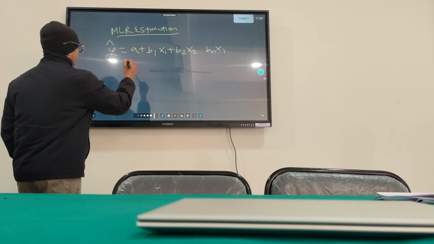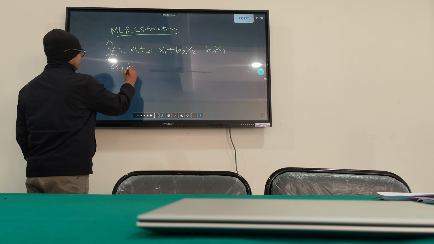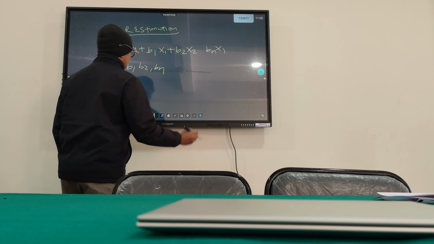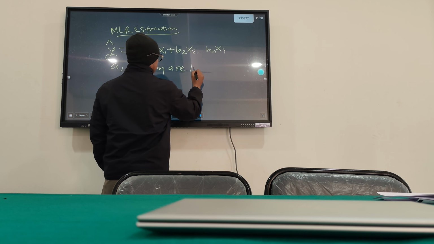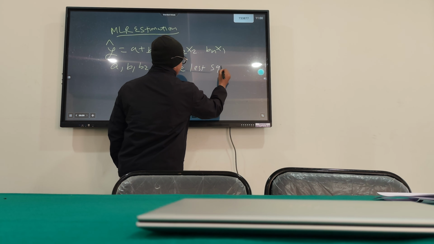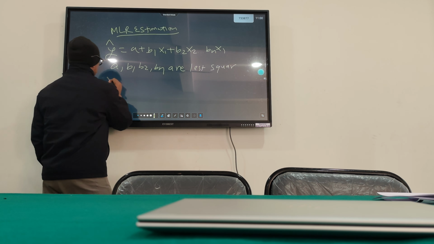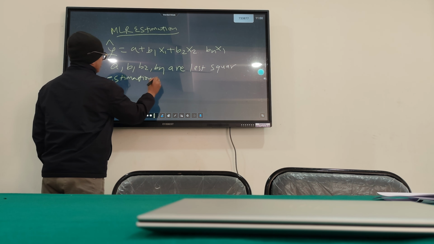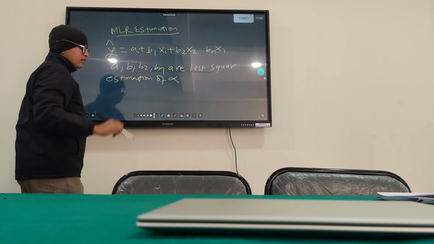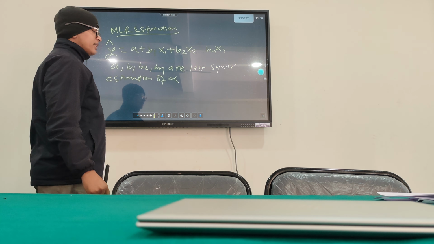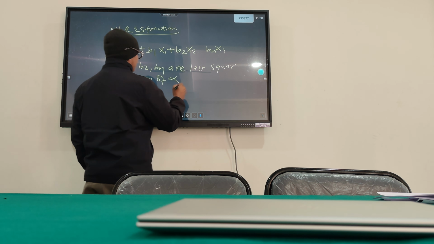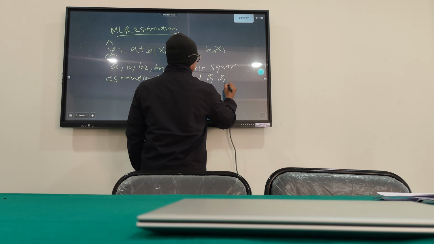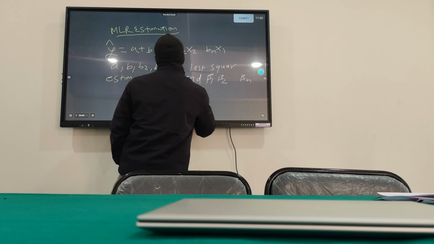Here b1, b2, bn are the least squares estimations of alpha, which we earlier saw is the y-intercept, and of beta 1, beta 2, beta n respectively.